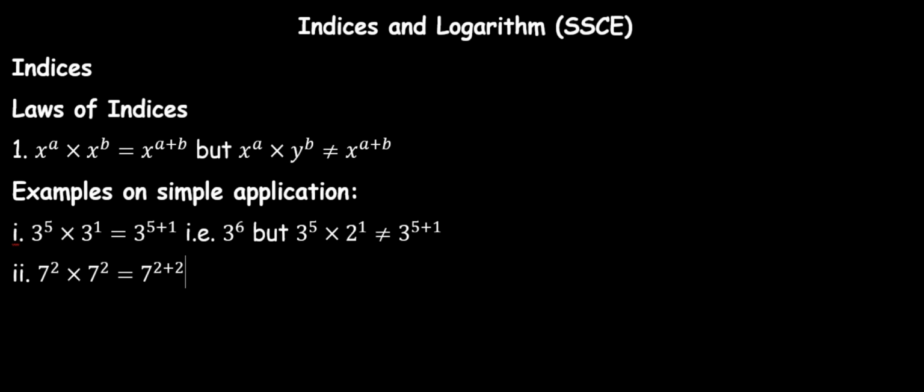That is 7 raised to power 4. But note, 7 raised to power 2 times 8 raised to power 2 is not equal to 7 raised to power 2 plus 2. Let's take another law.